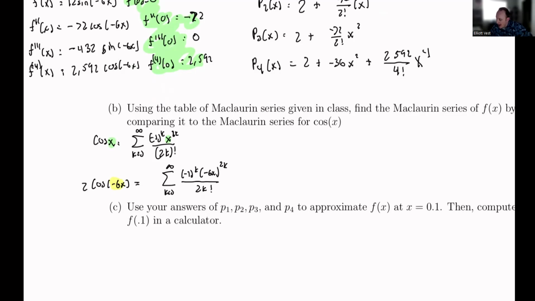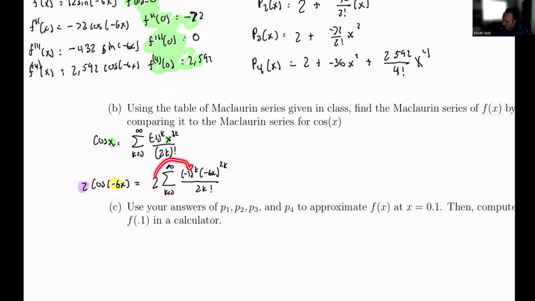Well, that is what that does, but I have 2 times that series, so I could just multiply by a 2 here, right? If I ignore this part, I can get this by just replacing with -6x. I can get double this by doubling that series, right?